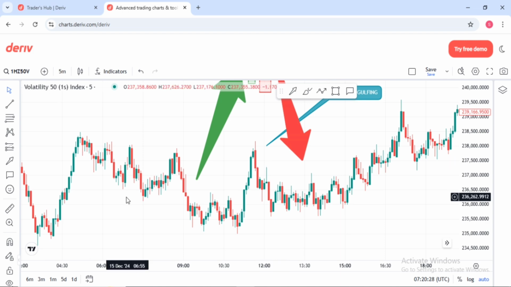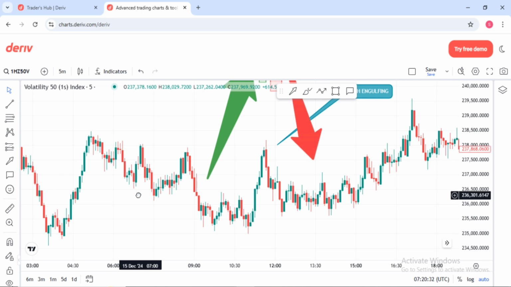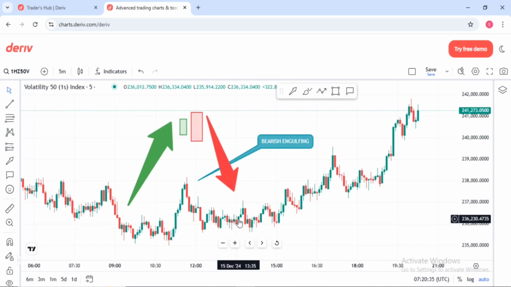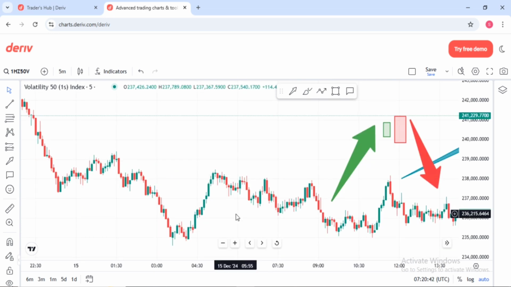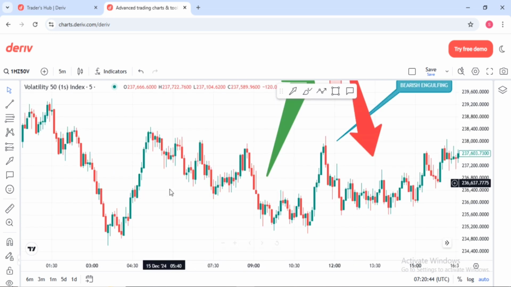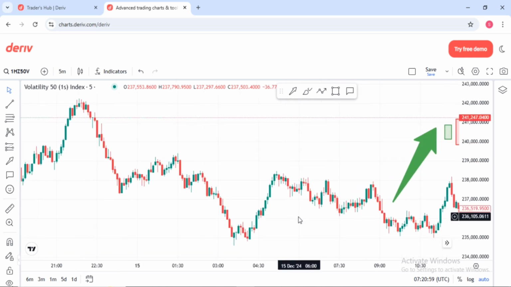Now let's look for a bullish engulfing, and I want to restrict myself to those that are very clear for you. Look at the body, look at this part here. A bullish engulfing is formed after a downtrend.